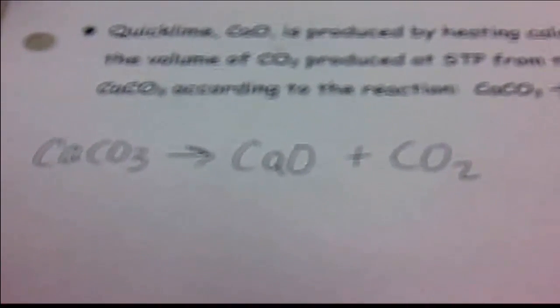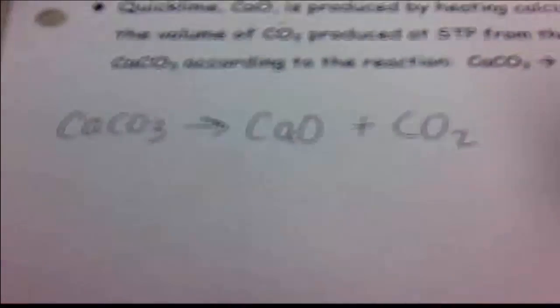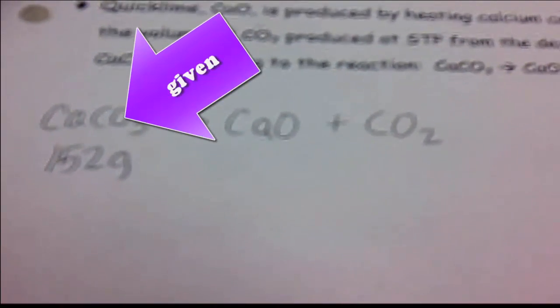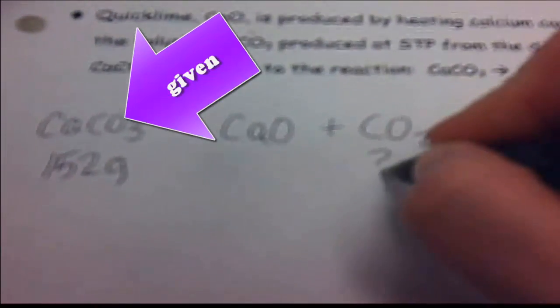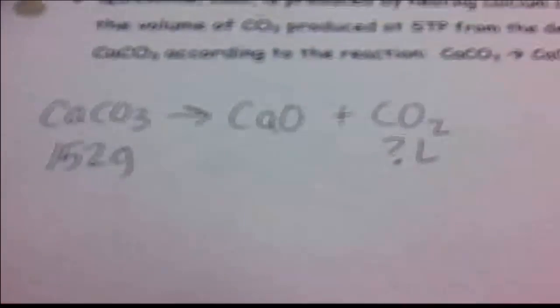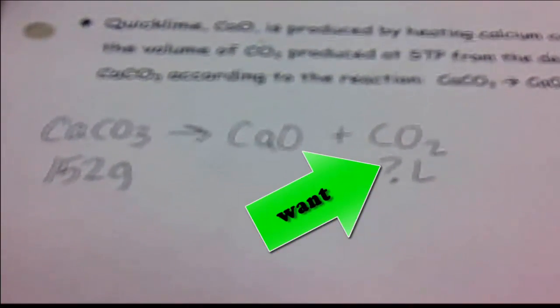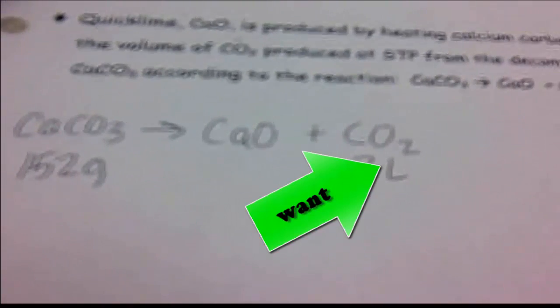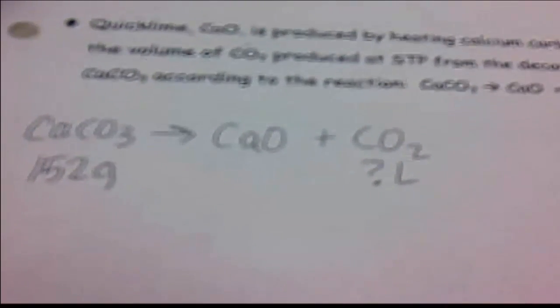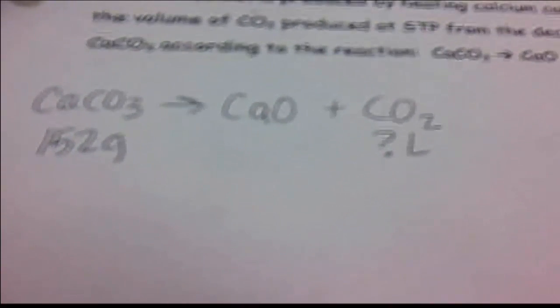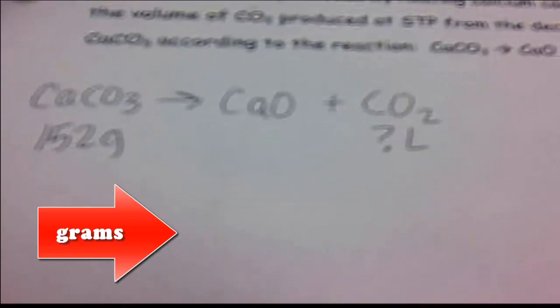Now, what they gave us in the problem is 152 grams of CaCO3. They want us to find the number of liters of CO2. This is a problem just like a grams to grams problem. Instead of going from grams to grams, we're going to go from grams to liters. So in fact, it's almost a little easier because we don't have to find two molar masses.